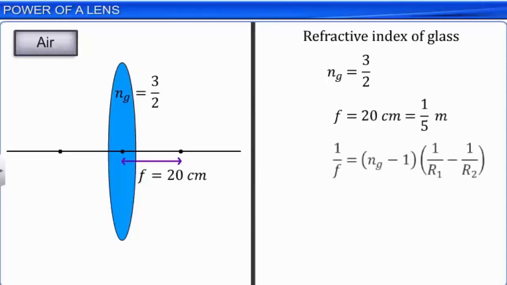Let the focal length be f dash when the lens is placed in water. Then, according to the lens maker's formula, 1/f dash is equal to Ng/Nw minus 1 into 1/r1 minus 1/r2.